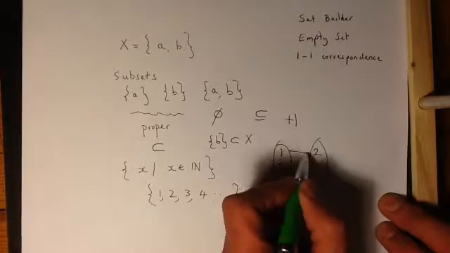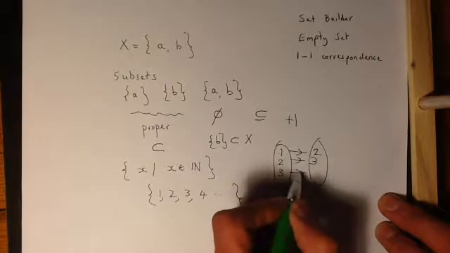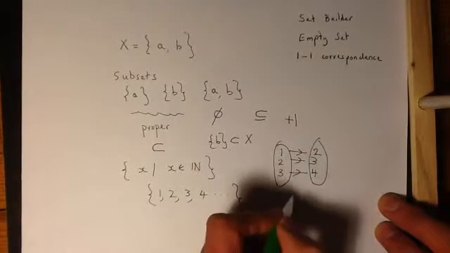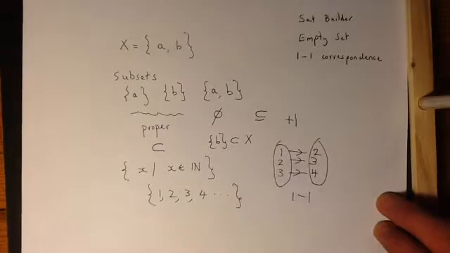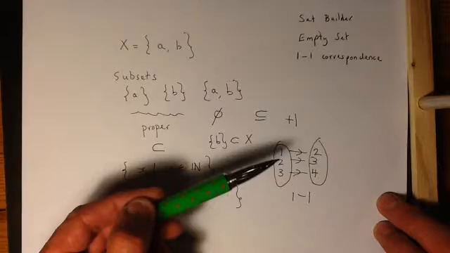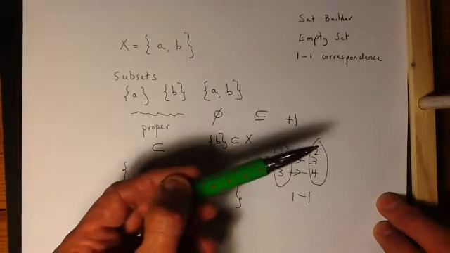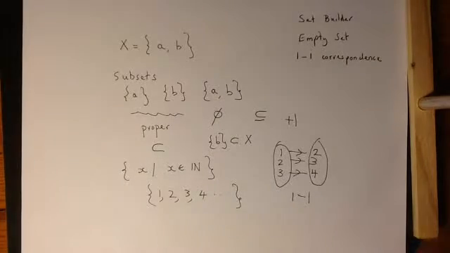Then 1 would go on to 2, and 2 will go on to 3, and 3 will go on to 4. And this is an example of a one-to-one correspondence, because for every element in this set here, it corresponds to a unique one in the other set.